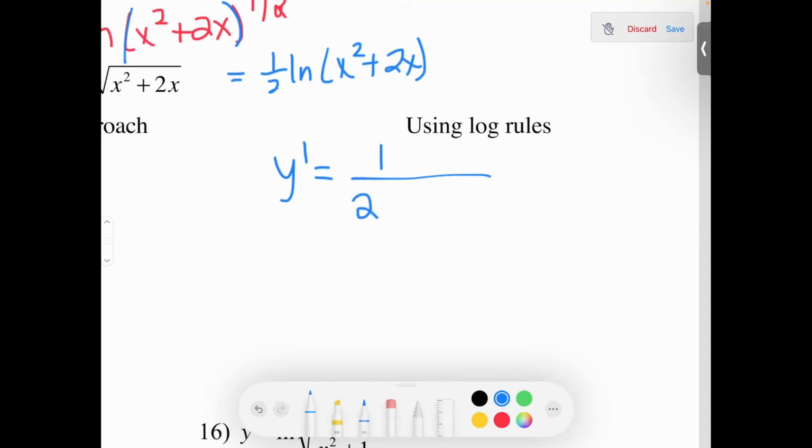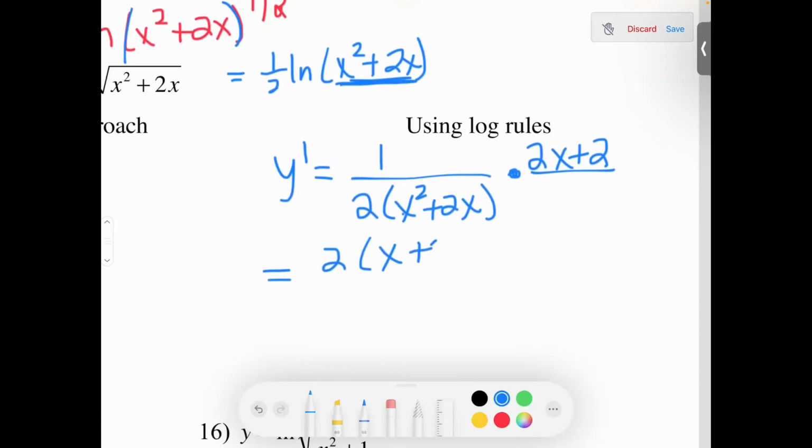So y prime is going to be 1 over 2. Derivative of natural log is 1 over something, so that x squared plus 2x gets moved to the denominator. I'm not going to multiply that out. And then we're going to take the derivative of the x squared plus 2x. Derivative of x squared plus 2x is 2x plus 2. We can factor a 2 out of the 2x plus 2.